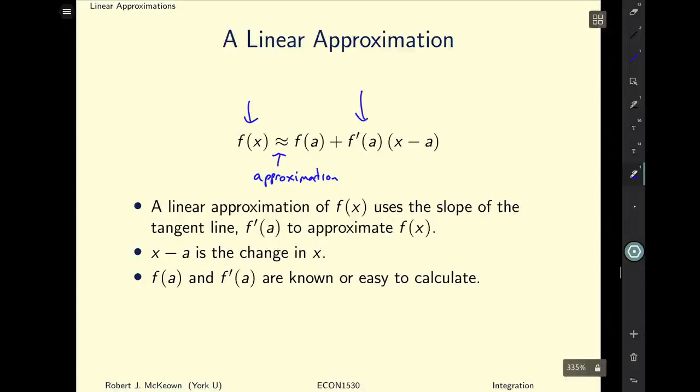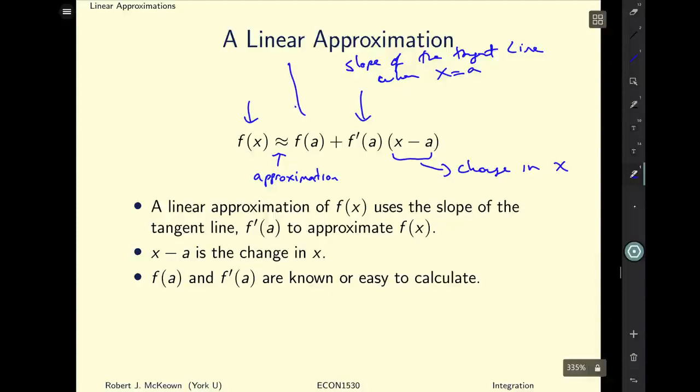So this is the slope of the tangent line when x is equal to a. This part here, this is the change in x.